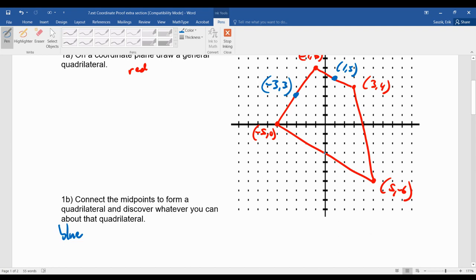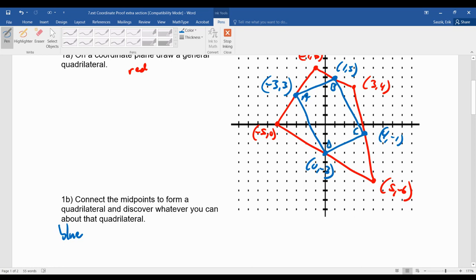You'd have 0, -3. And you'd have 4. Again, if you did it with midpoint formula, you'd confirm it. And then we would end up with a new quadrilateral, ABCD.